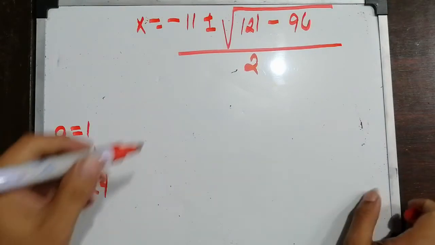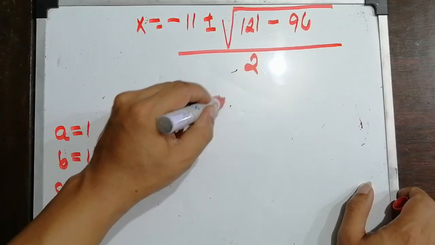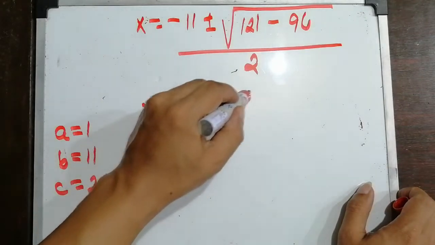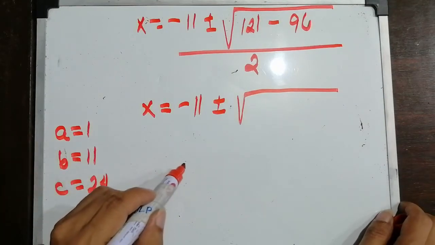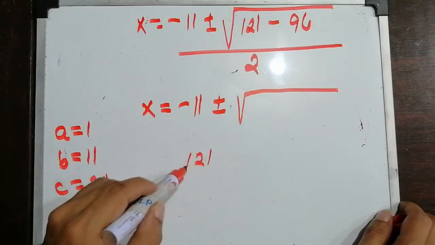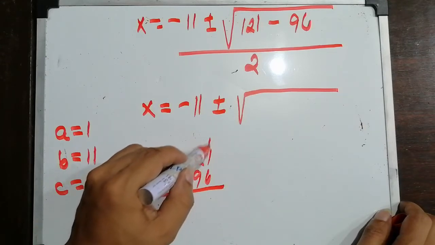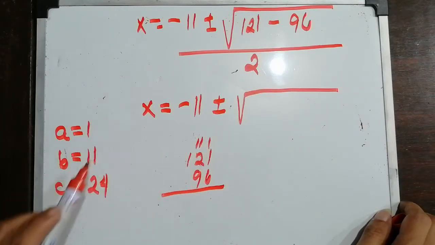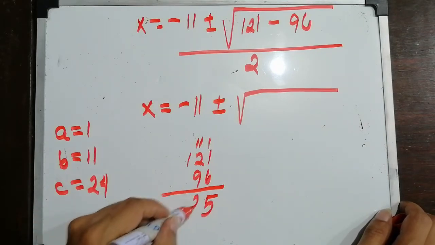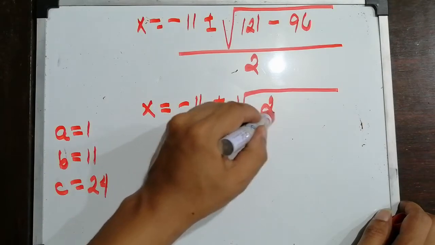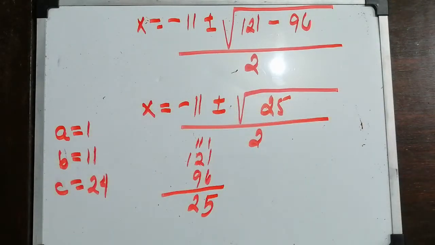So, let's simplify. x equals negative 11 plus or minus square root of 121 minus 96. 96 pala, hindi 16. So 121 minus 96 is 25, all over 2.